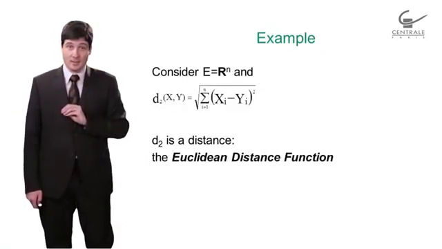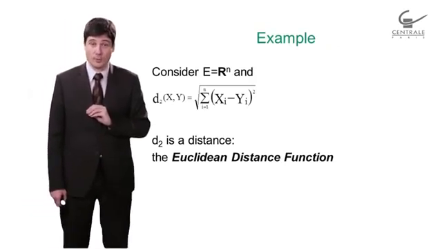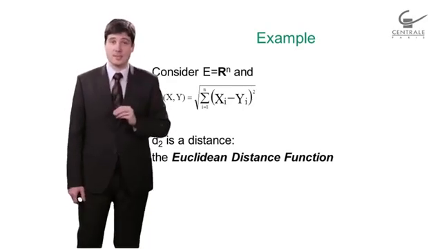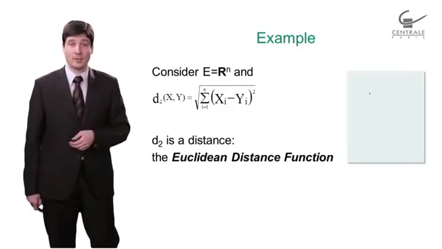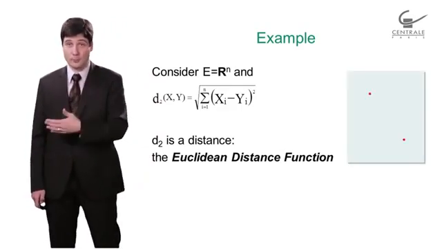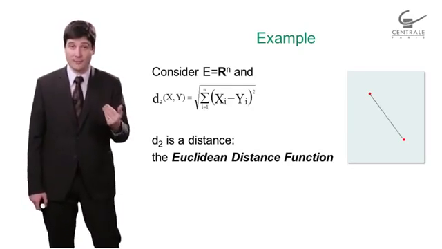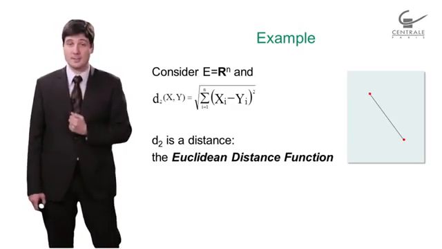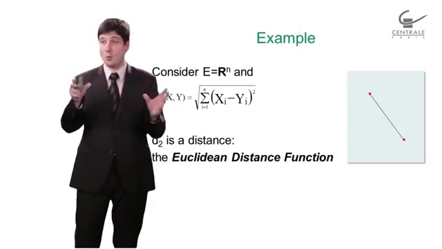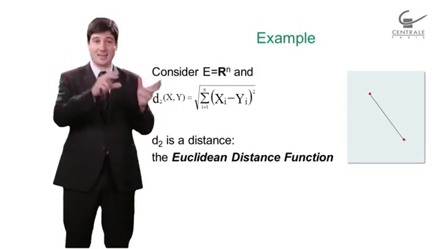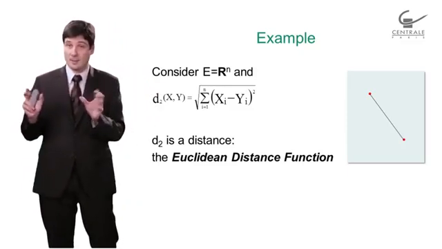All right, there is an example that needs to be discussed, and that is d2. The reason we need to discuss d2 is because this is the one distance that you're used to. If you look at a bird that goes from one point to another point, it's just going to use a straight line, and that is d2. In the plane, you take (x1 minus y1) squared plus (x2 minus y2) squared, where these are the components of x and y, you add this up and you take the square root.